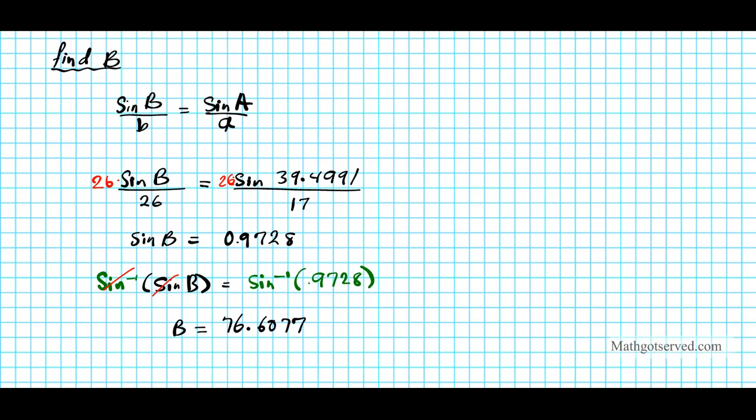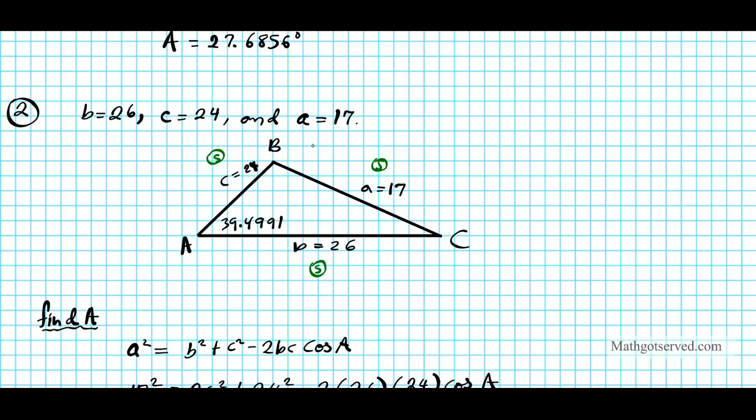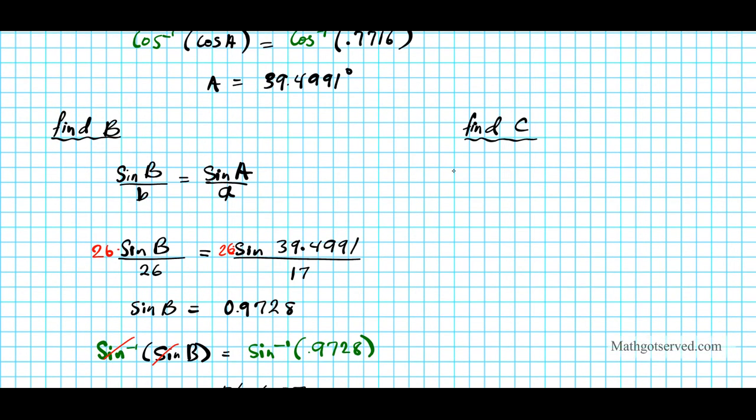Now to find the last angle, which is angle C. Angle C, let's go back to our triangle. And we know big B is 76.6077. So to get angle C, we can just simply use the triangle angle sum theorem here. All right, so big C is approximately 180 minus angle A, which is 39.4991, plus angle B, which is 76.6077. All right, plug that into our calculators.